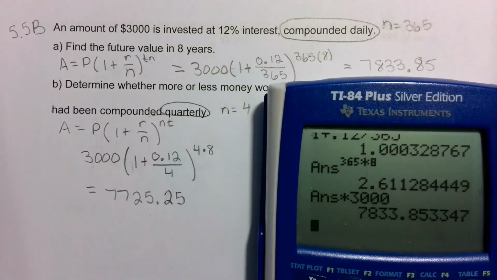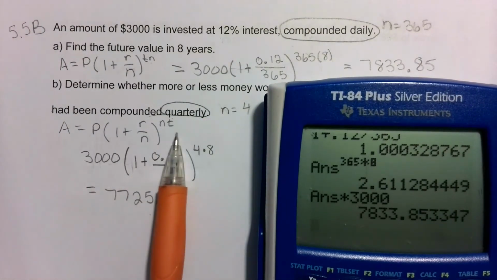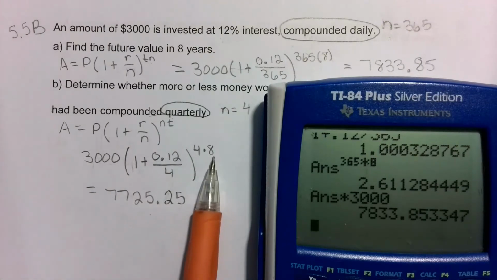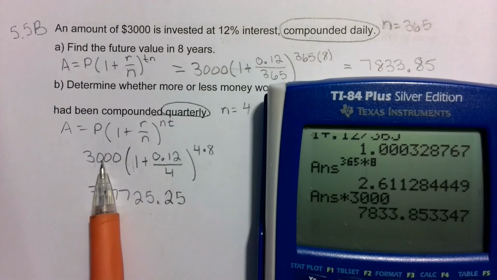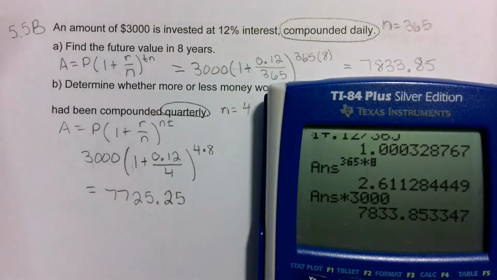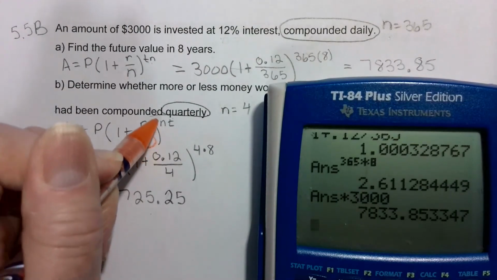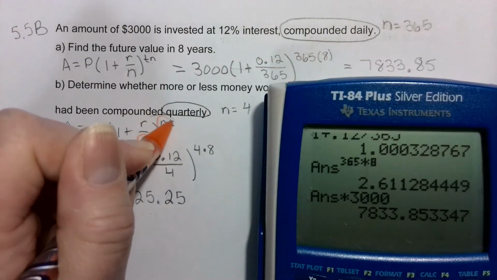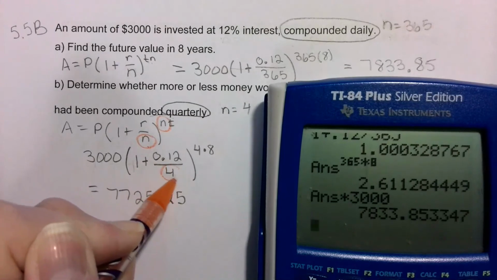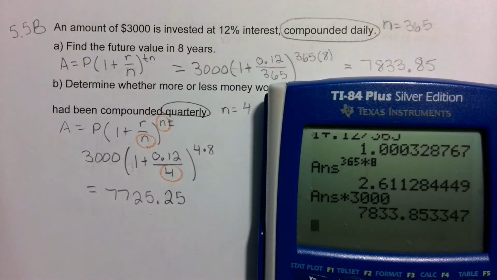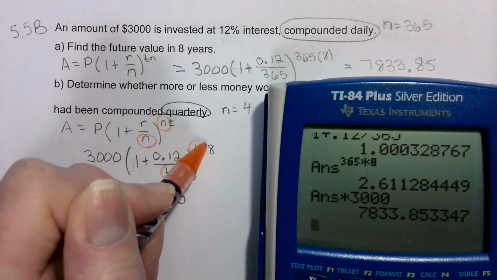It's going to be the same formula, same interest rate and time and principal. The only part of this that's different is my N, not my R. I circled the right one, I said it wrong. My N here is going to be 4 instead of 365.